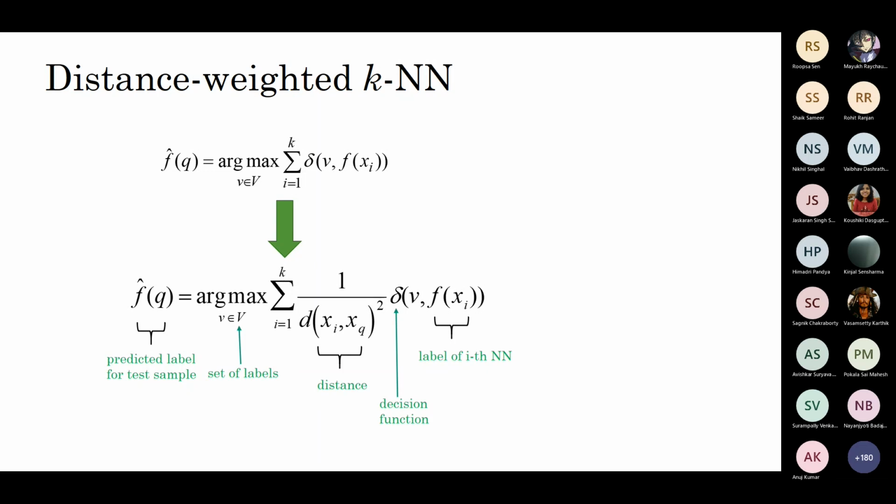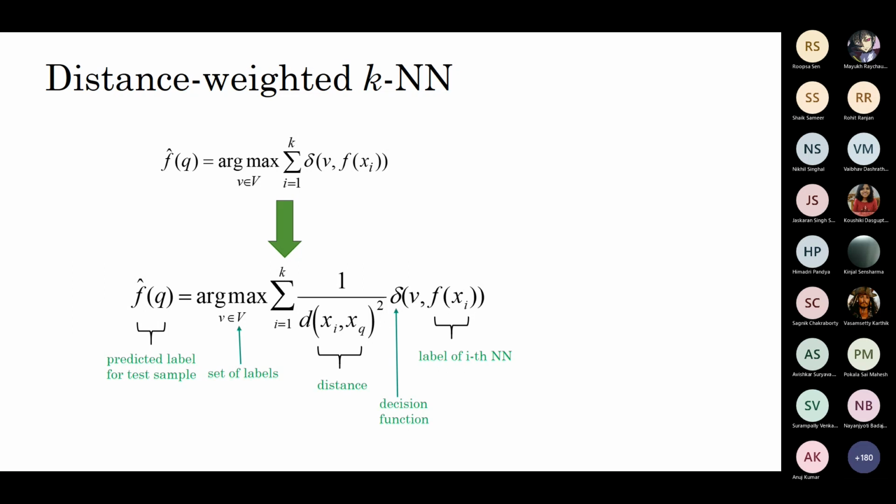Does this make sense? Yes. Then you can do it for the other categories. That's why this argmax is like a for loop over all the labels in your data. We can also simplify that into a double summation, with v from 1 to the number of different classes, and the second summation with i from 1 to k.